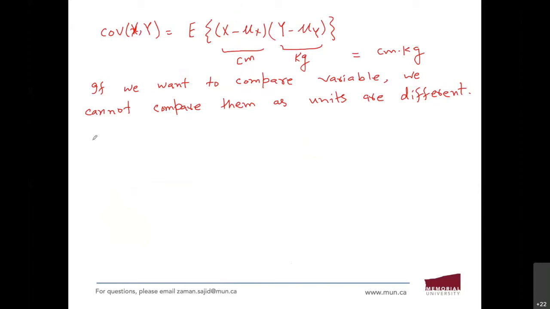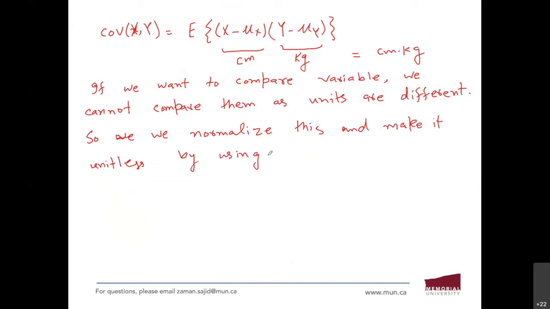So what we do, we normalize this and make it unitless or dimensionless by using correlation.